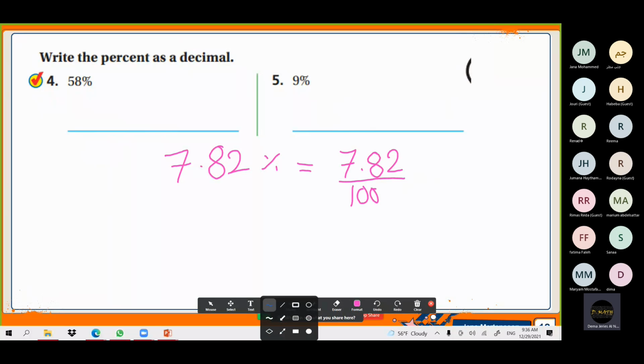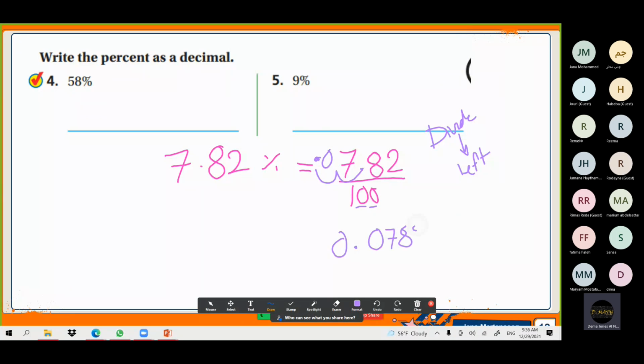Then you move the decimal point, divide, to the left. How many digits? 2 digits. 1, 2. And here write a 0. So it will be 0.0782.